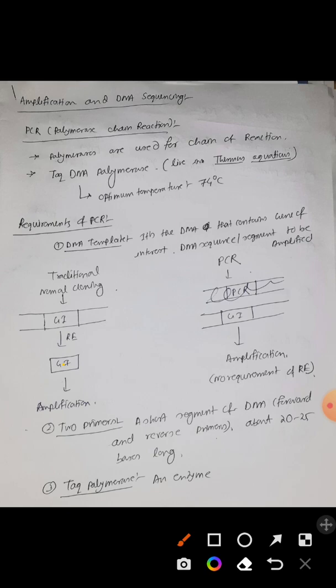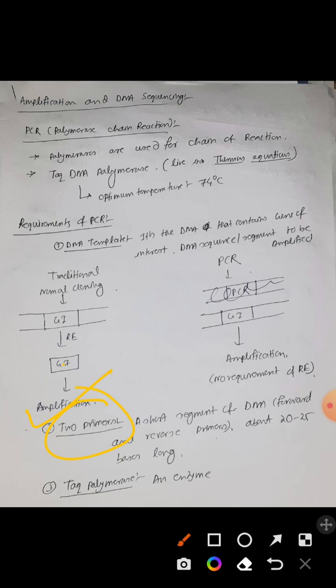I am going to talk about the thermocycler within a minute. In vitro, we have to provide the primers artificially, so that the Taq polymerase, which plays the role of DNA polymerase, can extend the 3' end of the primer. That is the reason we need two primers.